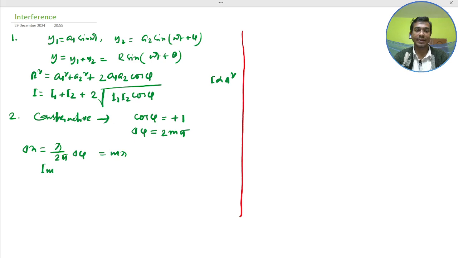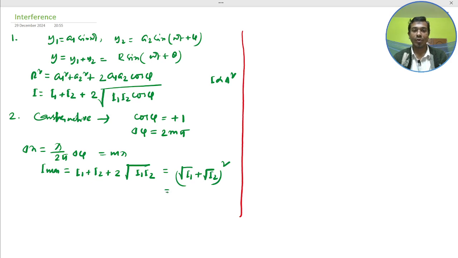So here I max would become I1 plus I2 plus 2 root I1 I2. This is basically (root I1 plus root I2) whole square, or k (a1 plus a2) whole square.